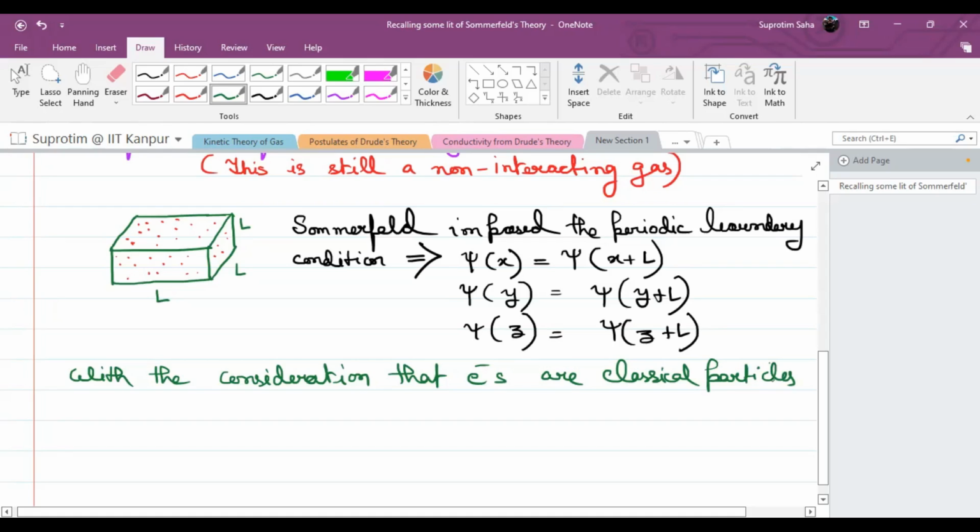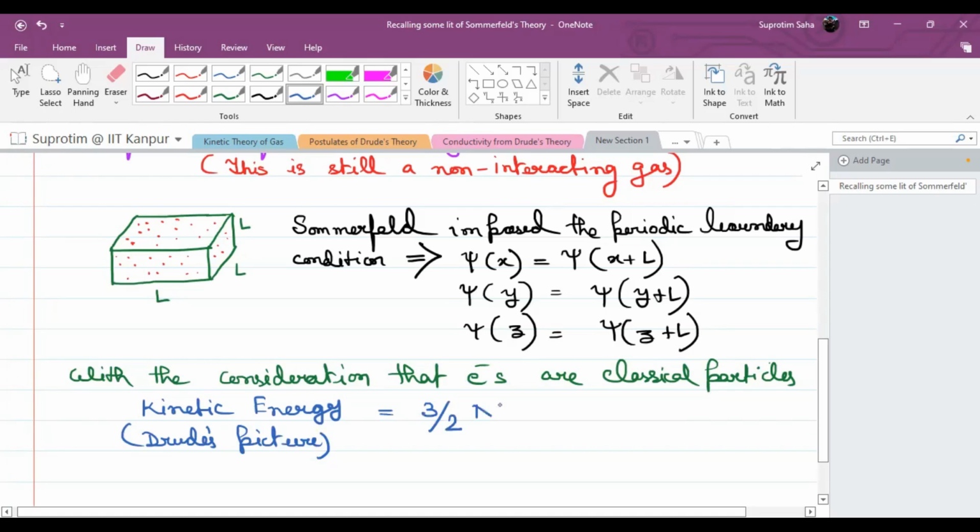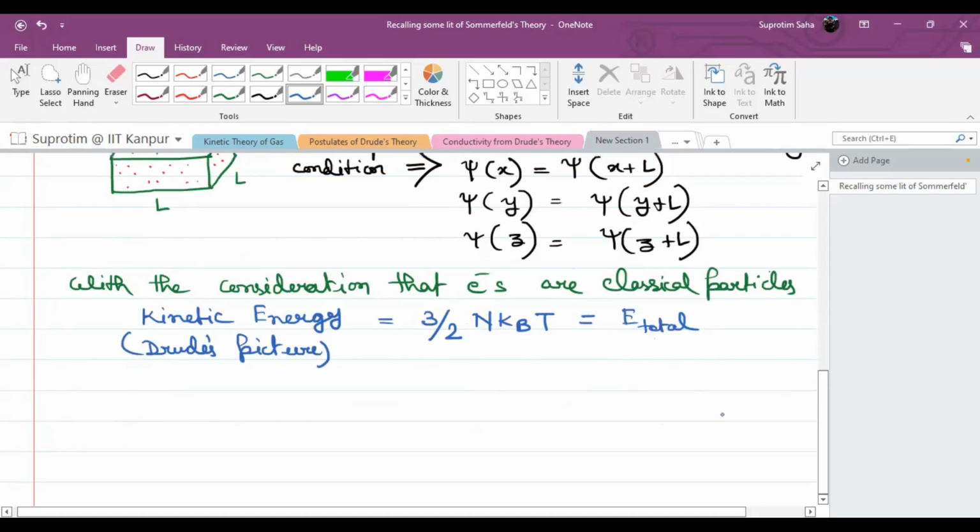So only kinetic energy, from the equipartition theorem. This is Drude's picture. We had E equals 3 over 2 N kBT, where N is the number of electrons. And this defined the total energy also, because there's no potential energy.